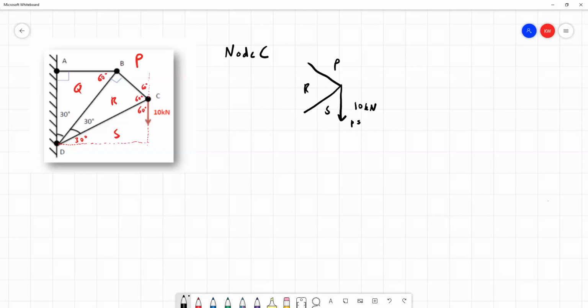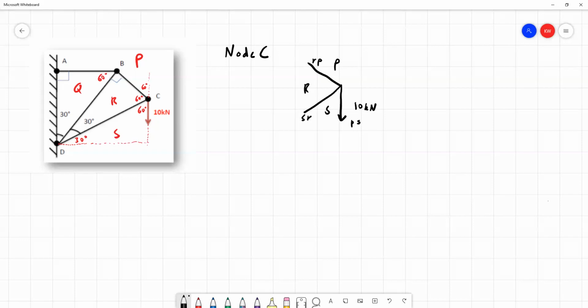The member CD is going to be represented by the vector SR, and the member BC is going to be represented by the vector RP. So we've labelled all of our vectors in accordance with the steps required for Bow's notation.